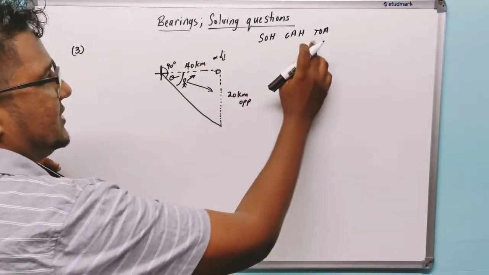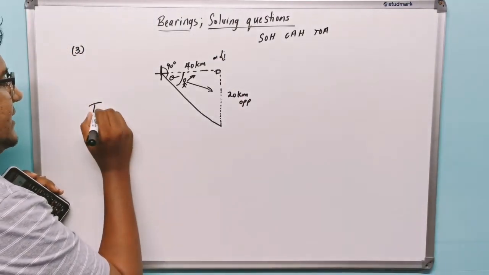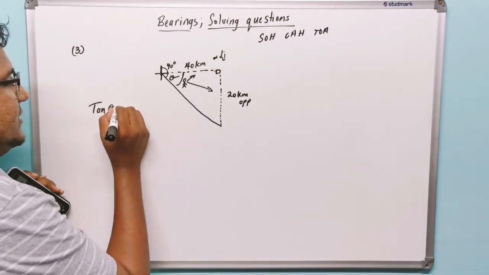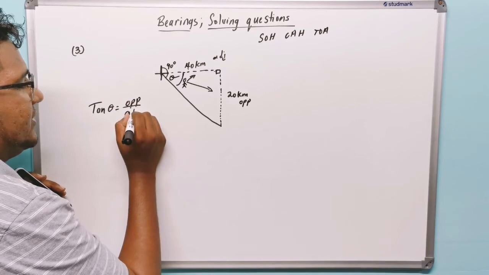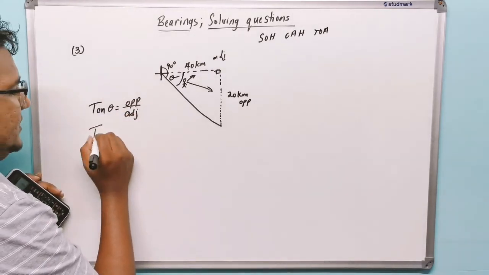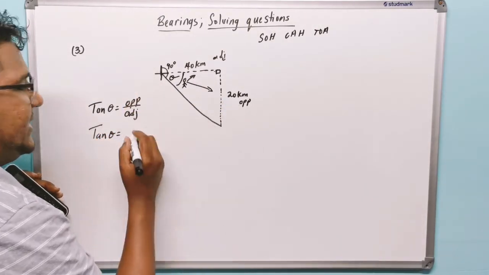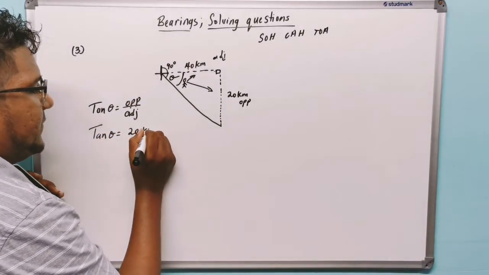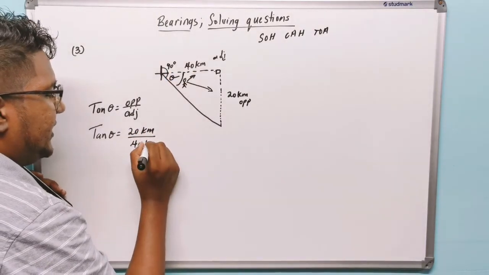Adjacent and opposite, it's tan. So tan theta is equal to opposite over adjacent. Remember, we're finding an angle now. So tan theta is equal to the opposite side, which is 20 km, divided by the adjacent side, which is 40 km.